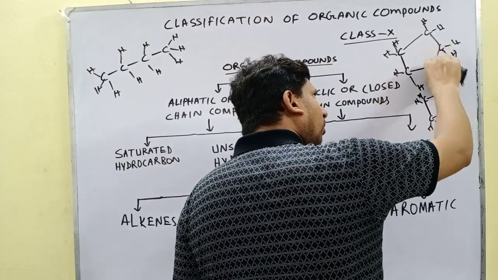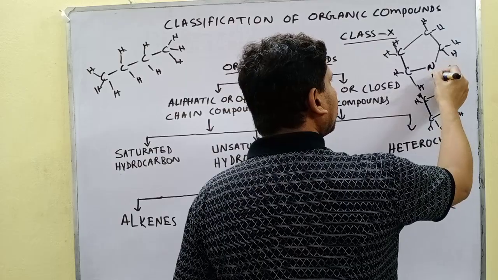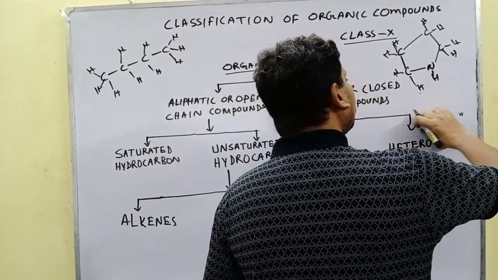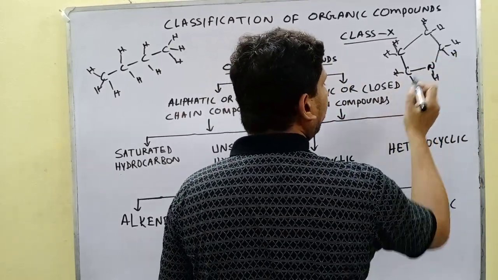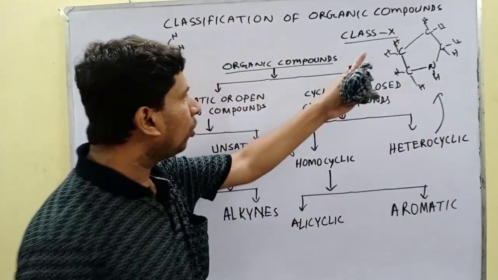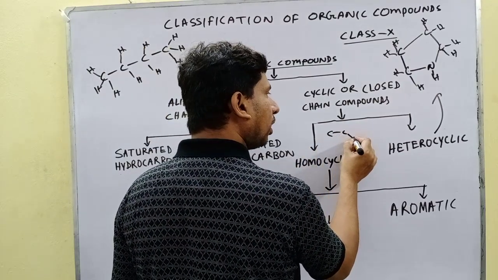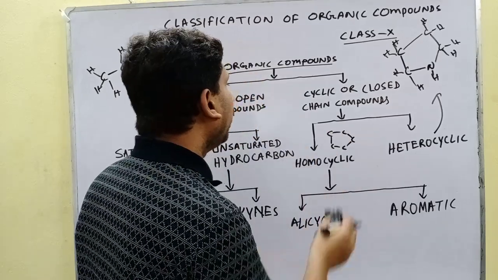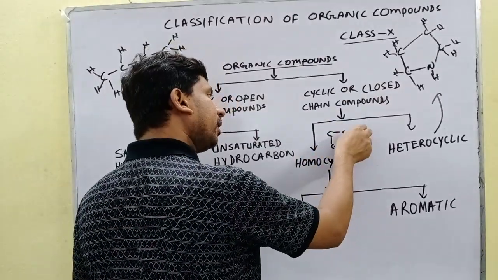But if there is a nitrogen instead of carbon, and you know the valency of nitrogen is 3, then it can form 3 bonds: one with carbon, another with carbon, one with hydrogen. So this is a heterocyclic compound. It is not homocyclic, because in a homocyclic compound every point in the cycle must be carbon.